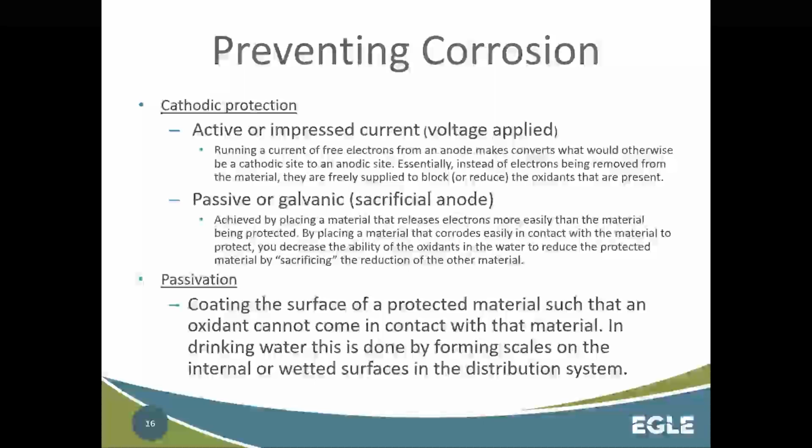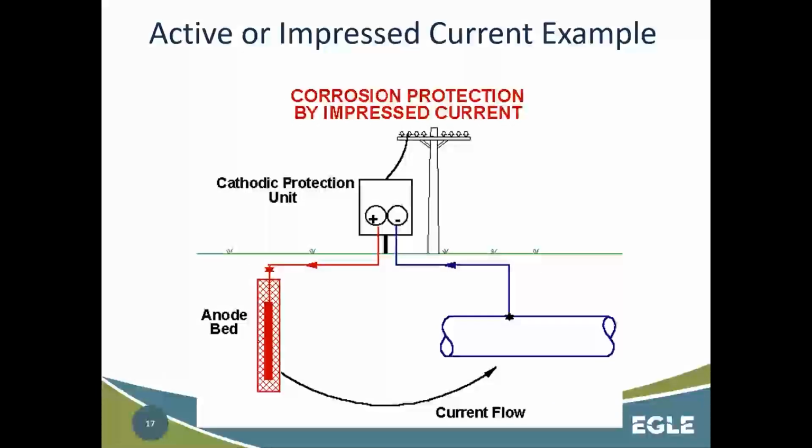All right. So getting into that active or impressed current, this is just an example of that. Essentially, you're having some electrical current being driven through an anode bed, and basically protecting that. Now, I don't know how much we deal with this in the drinking water world. Maybe a little bit with elevated storage tanks and things like that.